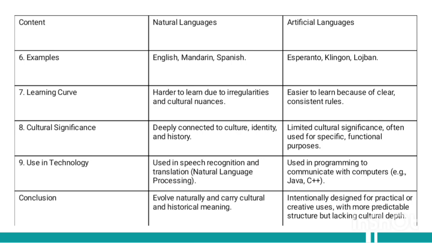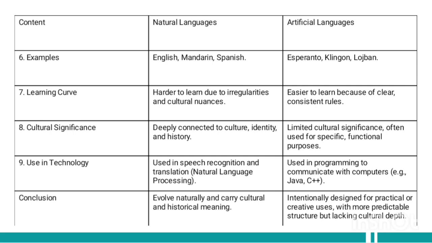Learning a natural language can be challenging because of its irregularities, exceptions, slang, and cultural nuances. For example, English has many idiomatic expressions, and mastering all the subtleties can be difficult for non native speakers.